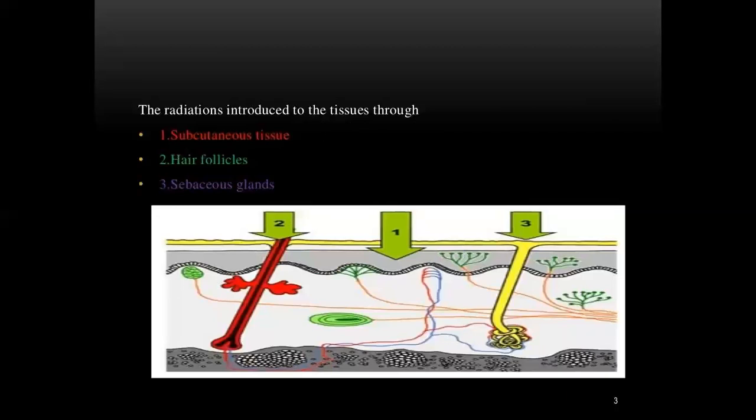The radiation is introduced to the tissues through, first, the subcutaneous tissue, second, the hair follicles, then third, the sebaceous gland. Here, as you can see in the figure, there's the subcutaneous tissue, the hair follicles, and the sebaceous gland.